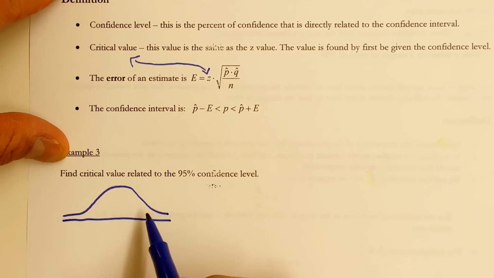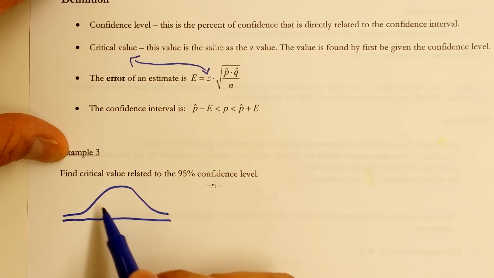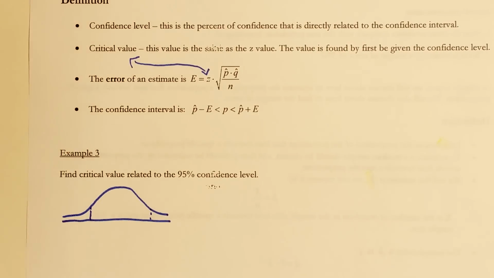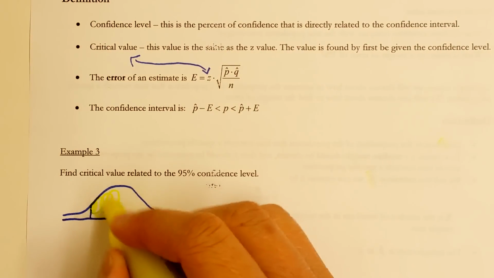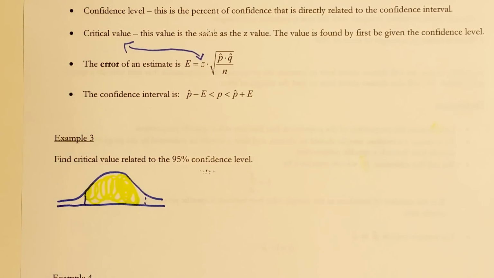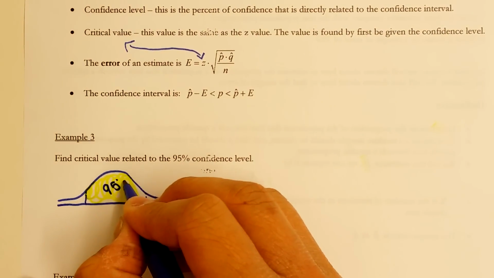And I want you to shade 95% so that it's symmetric on both sides. So shade it like this. So put 95% in the middle. That's 95%. You want to be 95% confident. Okay.